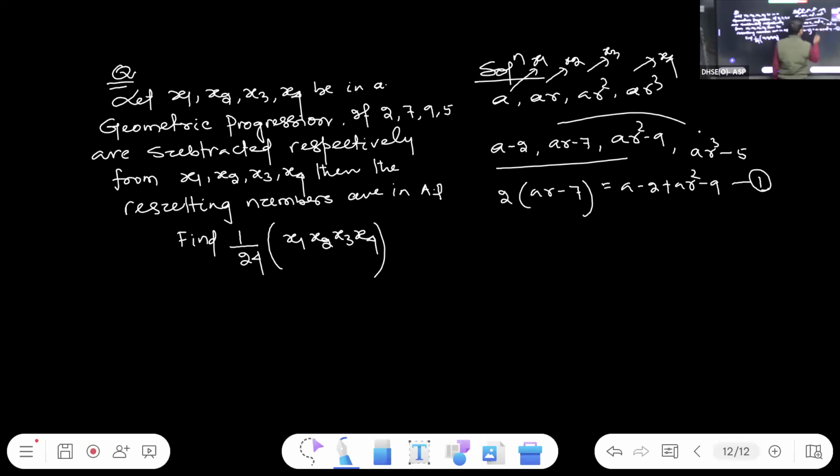Now these three terms are in AP, so 2 times (ar squared minus 9) is equal to (ar minus 7) plus (ar cubed minus 5). Solving these two equations, 2 equations, 2 unknowns, data is sufficient. Now you can handle it.